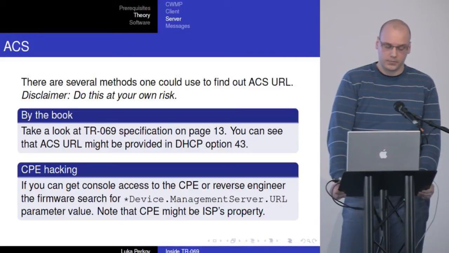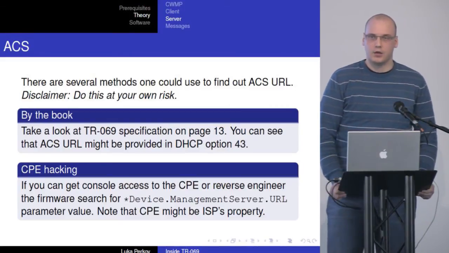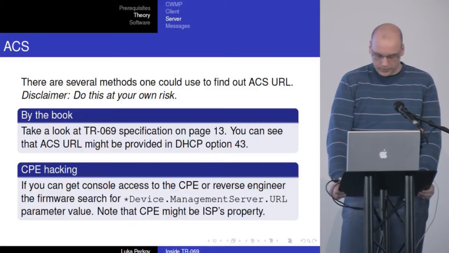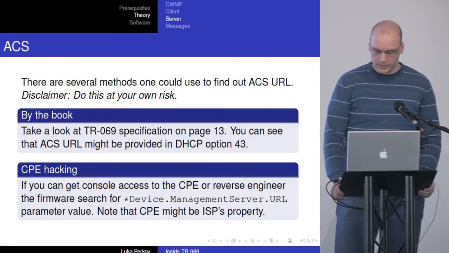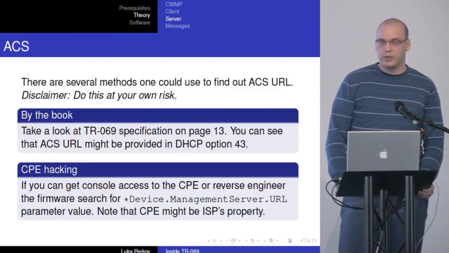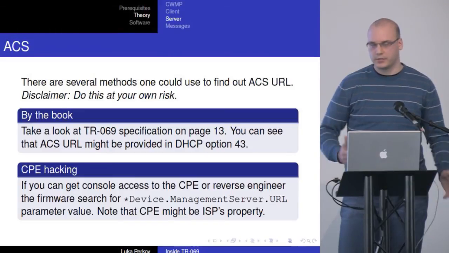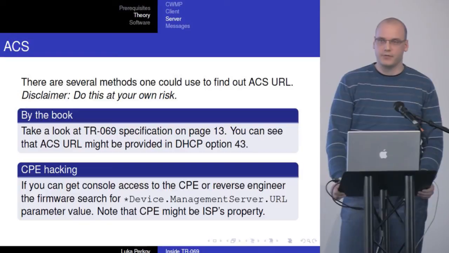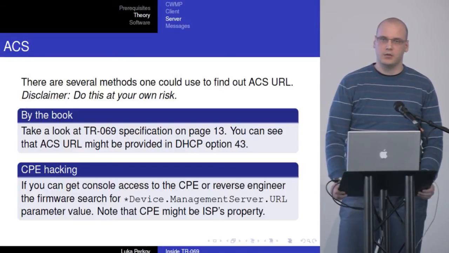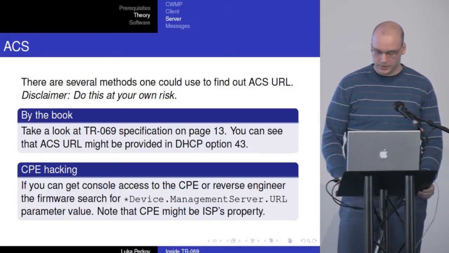And you can always look into the firmware image of the CPE and find the management server URL that way. The next step would be to connect to the ACS. It depends again on your setup: if it's on a separate PVC on the DSL line, you would have to set it up, or if it's on a public address, then it might be a bit easier.